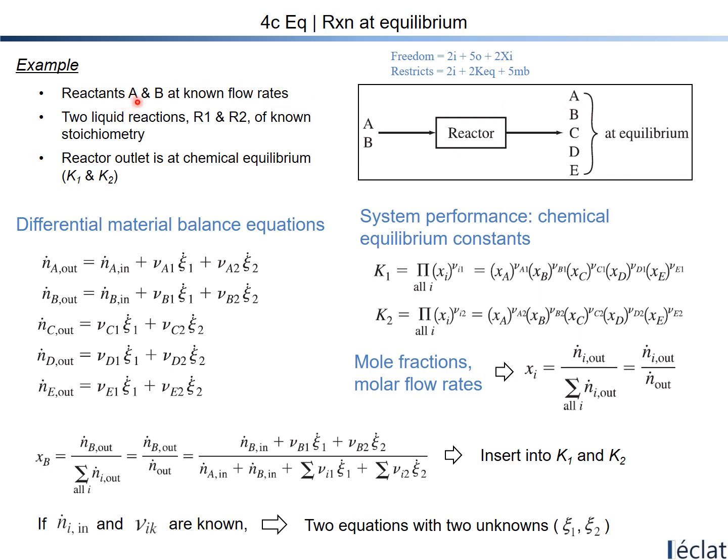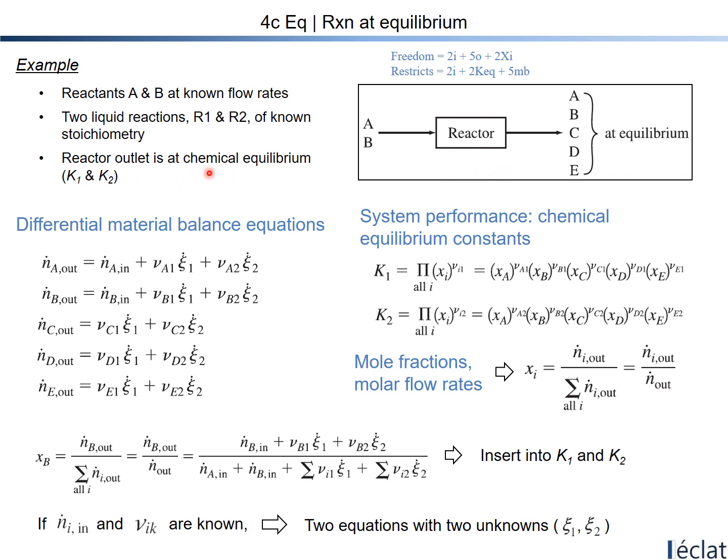Here reactants A and B are at known flow rates, so two restrictions are given for the input flow rate for each species, and two liquid reactions R1 and R2 of known stoichiometry are given to this reactor. So Xi1 and Xi2 are the unknowns, or the freedoms.